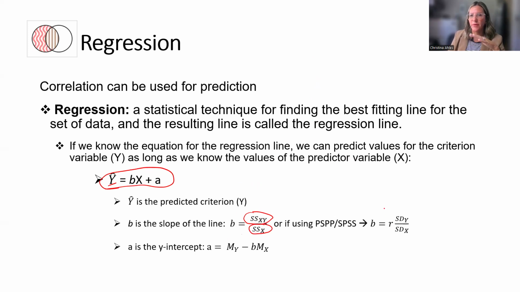You don't need to worry about this unless you're using PSPP or SPSS. There, you would use the standard deviation of y divided by the standard deviation of x, times the R obtained. That's if you were using that statistical software. But when you're hand calculating, you use your sums of squares. You don't have sums of squares when you have that statistical software.